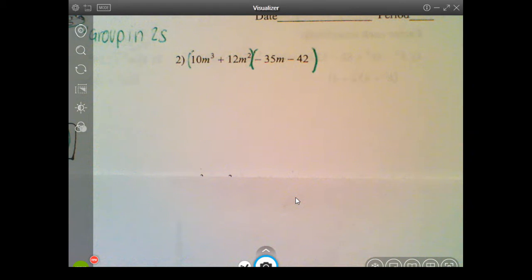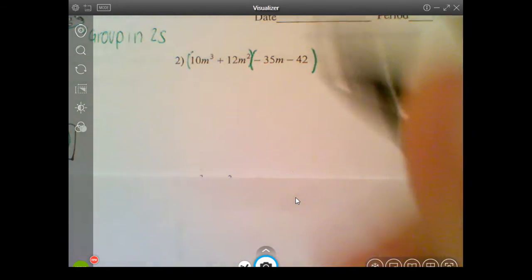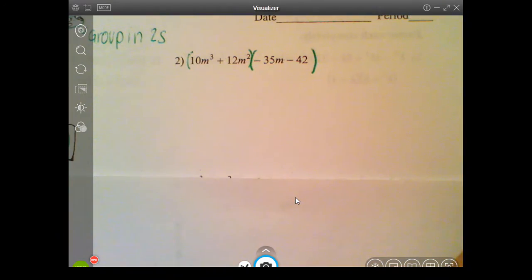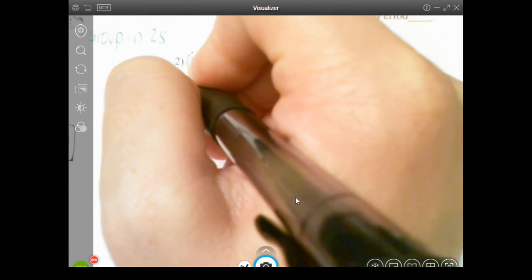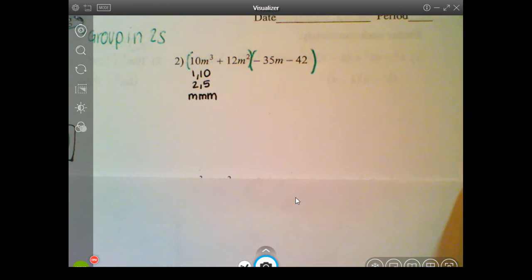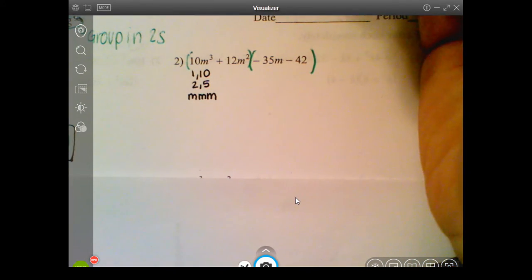Then I'm going to look at just my first set, and I'm going to go to the smallest number. So the smallest number is 10. So factors of 10 are 1 and 10, and 2 and 5. And then I'm going to list my 3 m's. Now when I go to factors of 12, I'm going to start with my list over here.